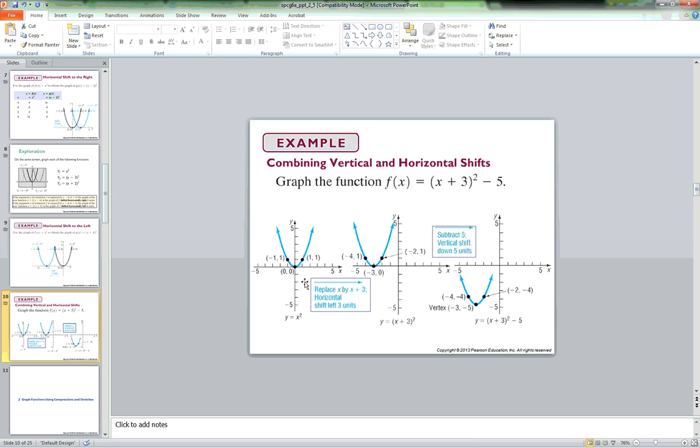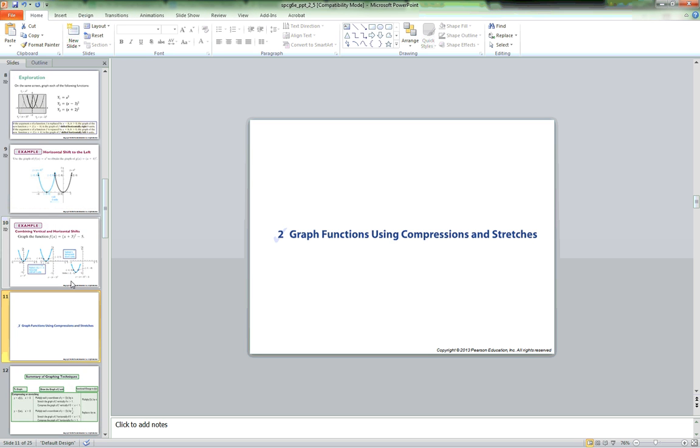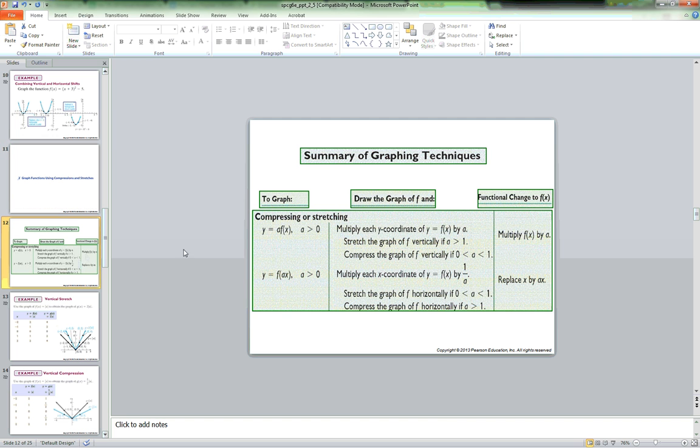All right, we're going to take a look at compressions and stretches. Here are the details, so take a moment, pause this recording, and write this down.